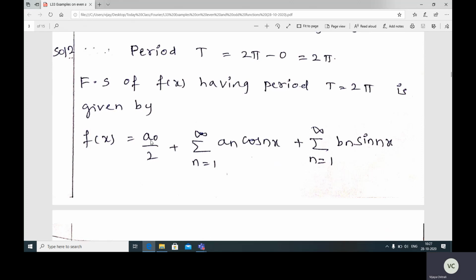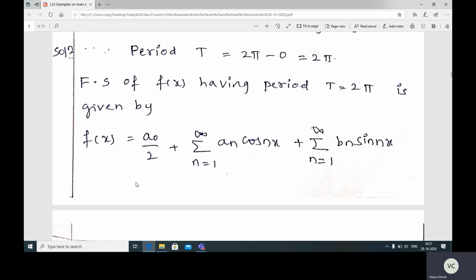Now we can reduce the calculation. For that we shall check for even and odd function. If it is an even function, you calculate only a naught and an, obviously bn is equal to 0. If the given function is an odd function, calculate only bn, and a naught and an will be 0. We can reduce calculation, so first we shall check for even or odd function.